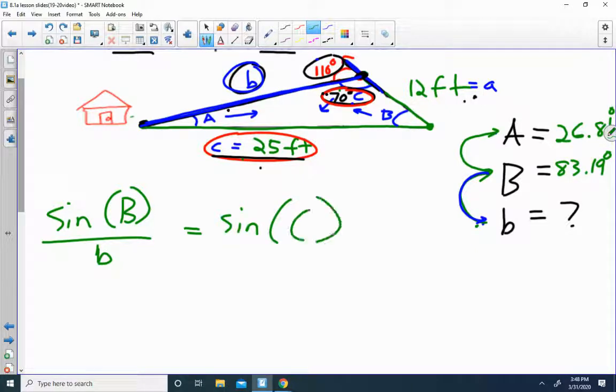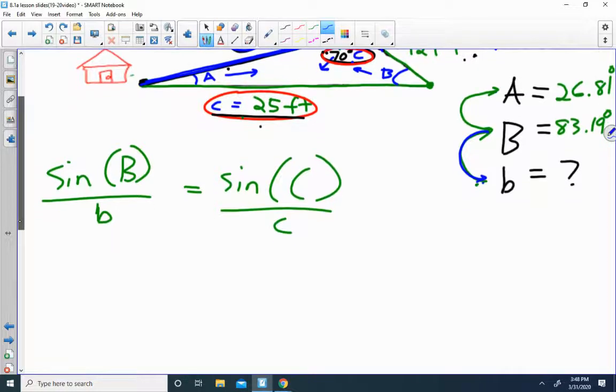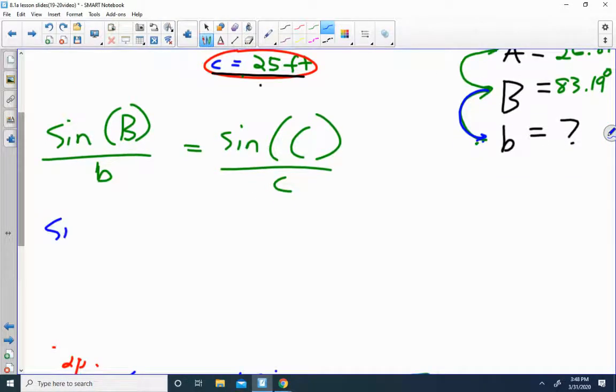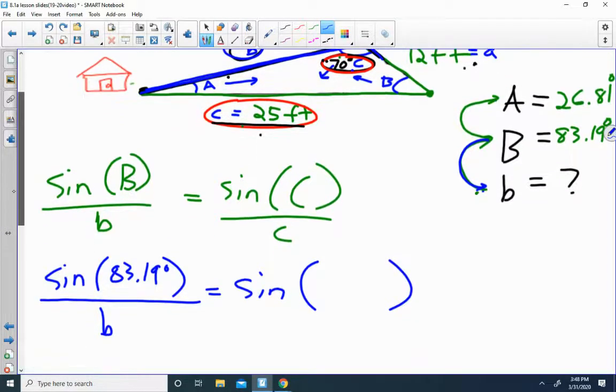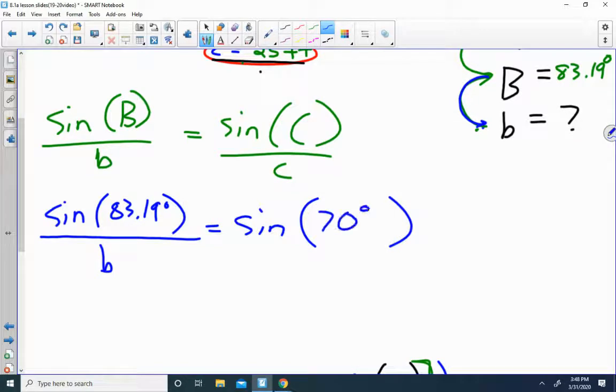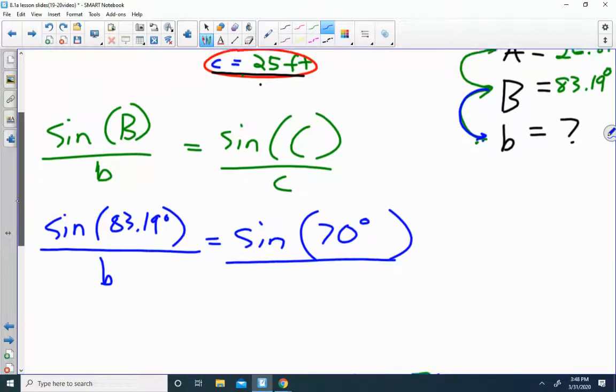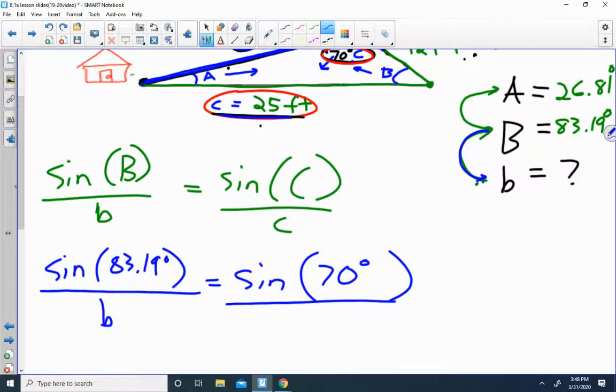So sine of C all over little c. Let's plug in the numbers. So sine of big B is 83.19. Little b, do not know. Sine of C is 70, and little c, 25.